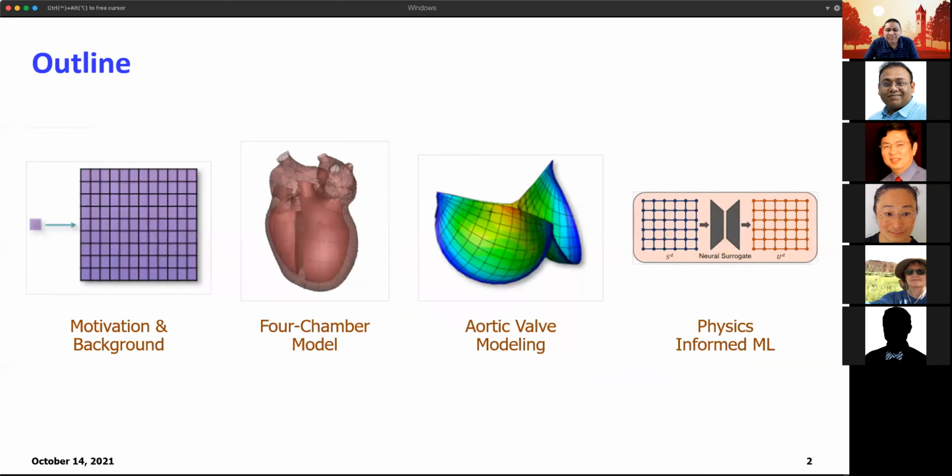So with that brief background, I wanted to focus on, like I said, two main applications. The first one is the four-chamber heart model that we have developed. And then going further, we wanted to look in detail at the valve modeling. And then I wanted to show some recent results that we have on what is called physics-informed machine learning.